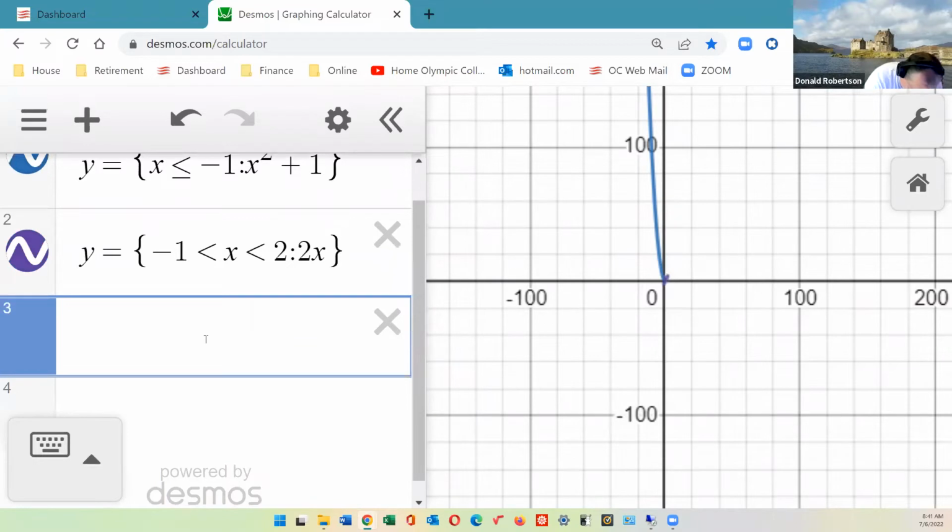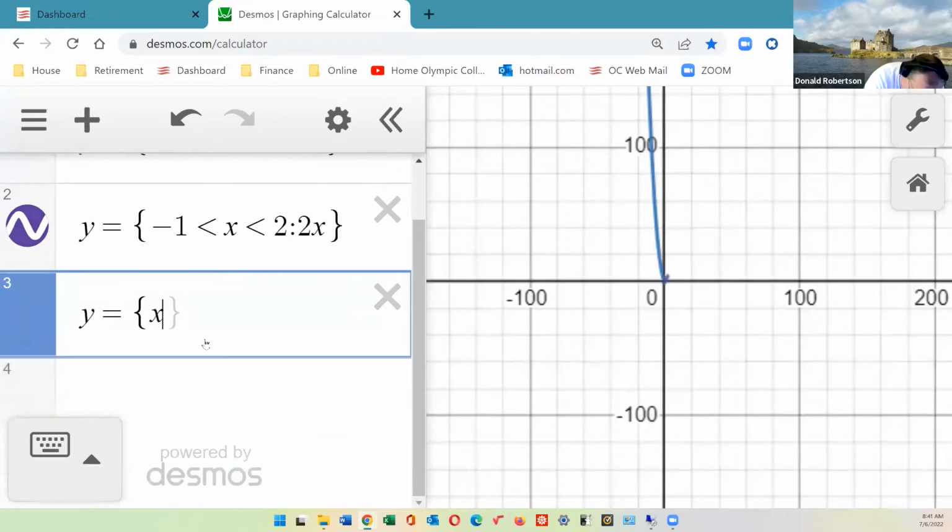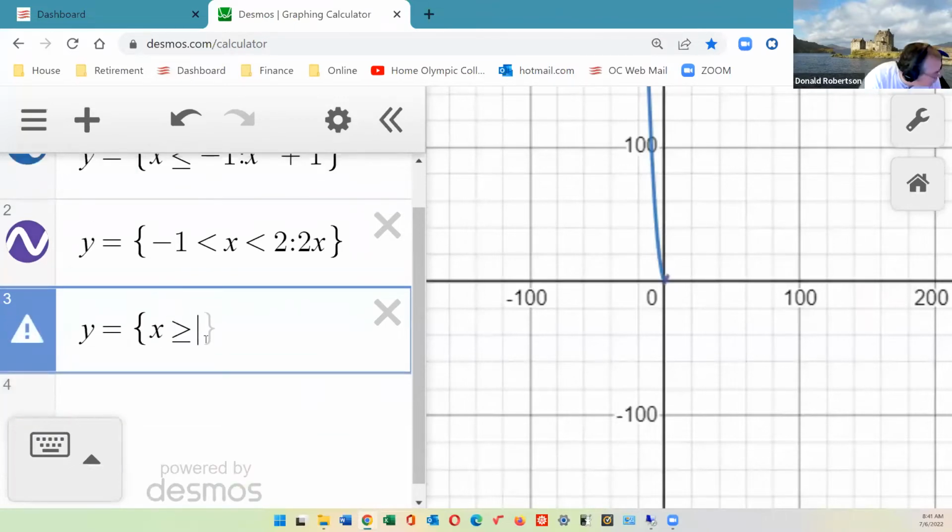And then the last one, y equals, curly brackets, x greater than or equal to 2. So for x values greater than or equal to 2, you're going to use the function 3.